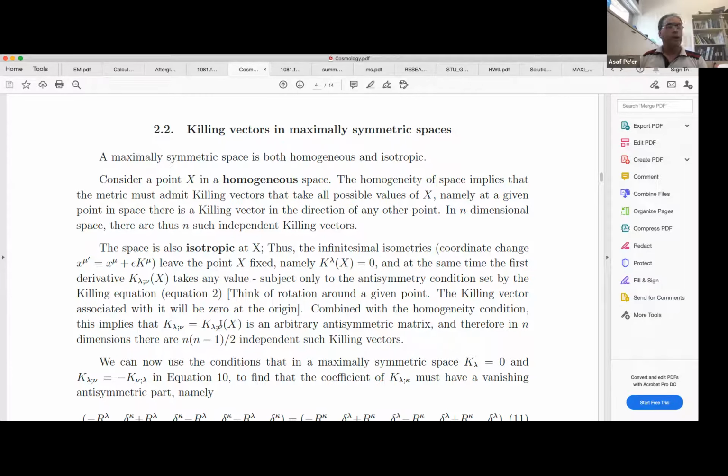Now, the important point to remember, and that's the derivation that I want to have, is that for this condition of a maximally symmetric space, we have these rotations in which k_lambda is equal to 0, but then the derivative of k_lambda with respect to nu is equal to minus the derivative of k_nu with respect to lambda, which is the Killing condition.